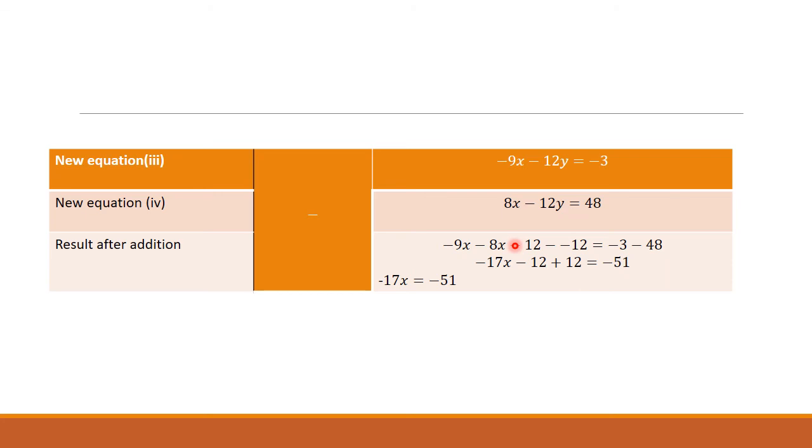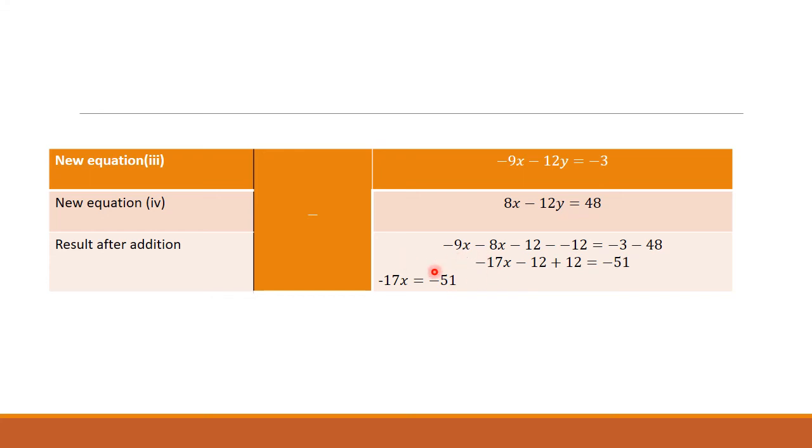So we have negative 12 plus 12 is equal to negative 3 minus 48. So if you have negative here and negative here, you just add the numbers and retain the sign, which is subtraction. So here we are going to have negative 17x minus 12 plus 12. So this minus 12 plus 12 is just like 12 minus 12. So we are going to have 0 here.